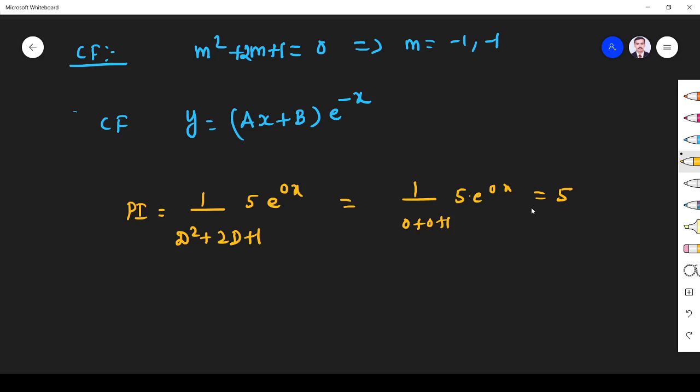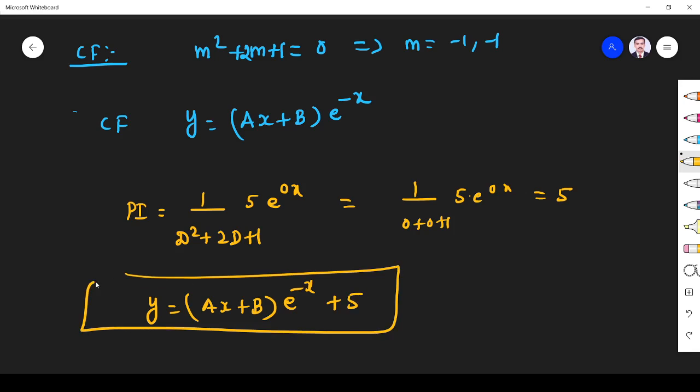So the answer is not 0, the denominator is not equal to 0. So PI is equal to 5. So our solution is y is equal to the complementary function (Ax plus B) e power minus x, plus the particular integral 5. This is the solution. The first one had two different roots, and this one had two equal roots.